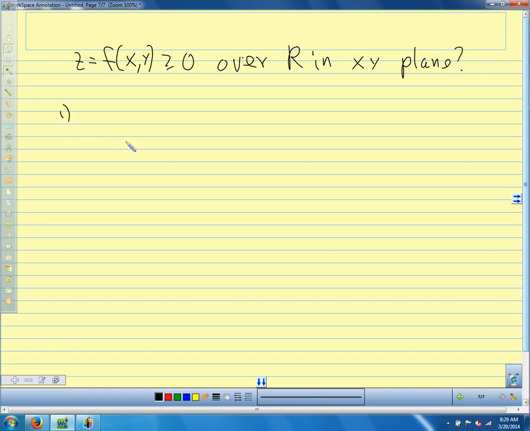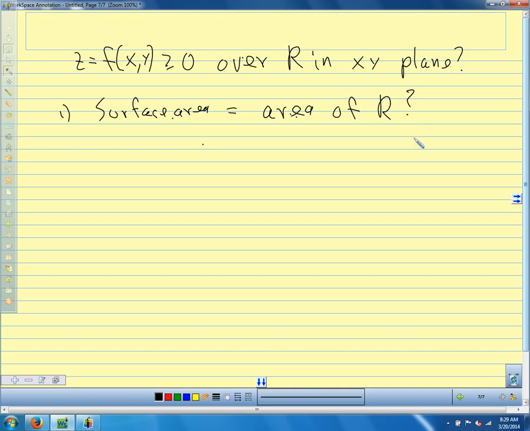First question, is it possible for the surface area S to equal the area of R? If we have this surface and f of xy is greater than or equal to 0 over the region, is it possible for the surface area of the surface to equal the area of the region?